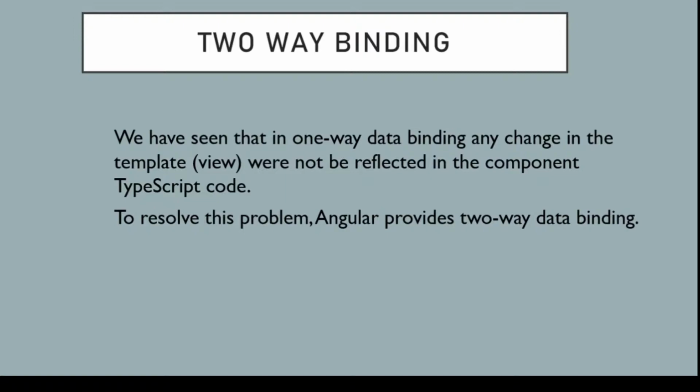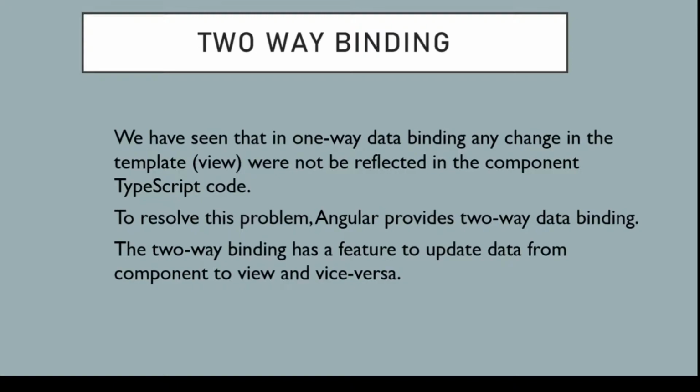So what is two-way data binding? It has a feature to update your data from the component to the view and vice versa. That means from the HTML file to your TypeScript file and from your TypeScript file to your HTML file. We are going to see this in the practical demo after some time.